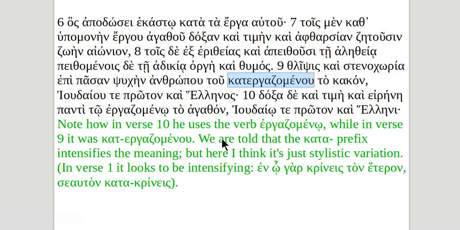And we're told in the grammar books that the kata prefix intensifies the meaning, but here I think it's just stylistic variation. In verse 1 it looks like intensifying. Verse 1 said, in ho krines ton heteron seauton katakrines, you condemn yourself.